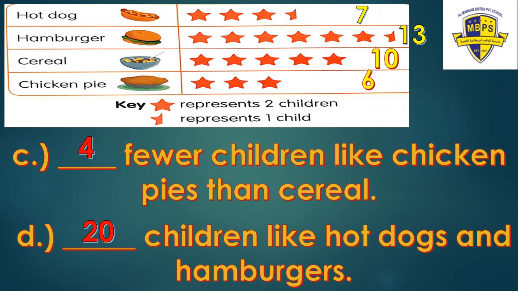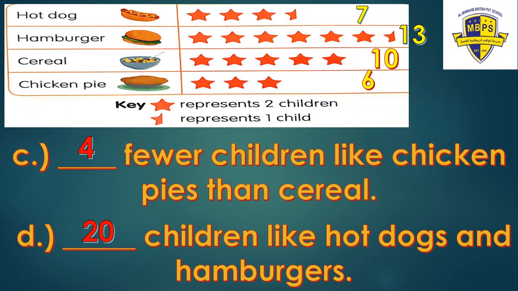Okay, how many fewer? Fewer means less. Less children like chicken pies as compared to cereals. So we have to compare between chicken pie and cereal, okay? Now, how many children like cereals? Very good. You can see that 10 children like to eat cereal. And how many children like to eat chicken pie?